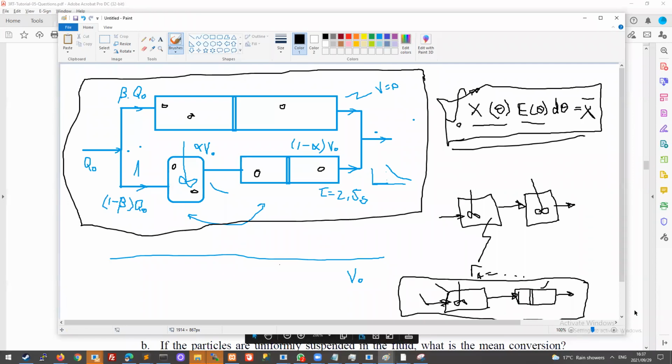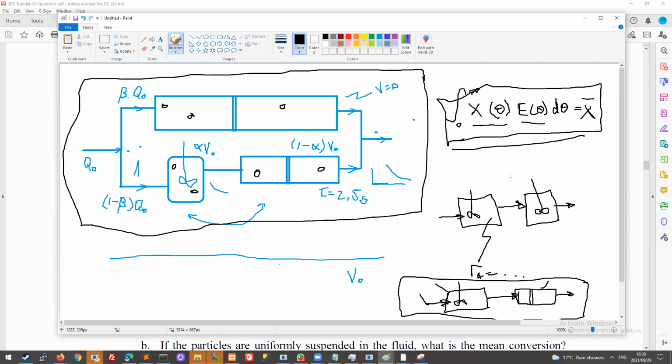So that's how you would solve a problem if it's not segregated, if it's a homogeneous fluid. If the molecules are mixed in the fluid and the reaction is happening in the fluid, then you just follow the same approach. You create the network of reactors and you work out the volumes and the flow splits. Then you treat this as, okay, I solve the CSTR, that tells me the concentration going into the PFR, I solve the PFR, get the conversion across there.